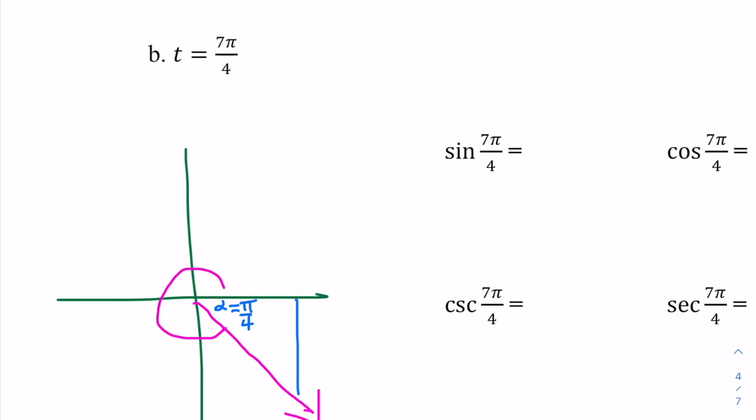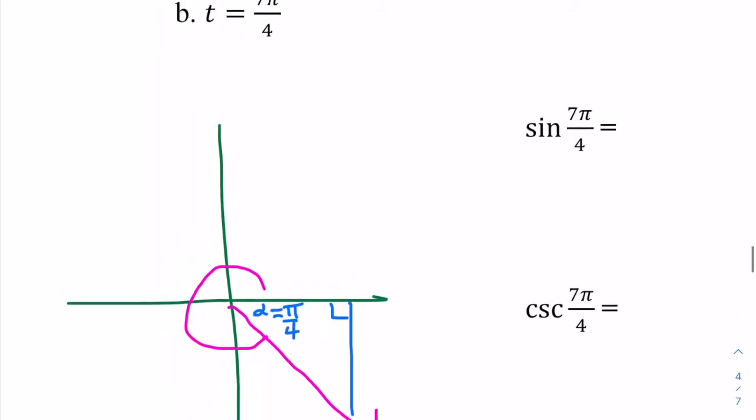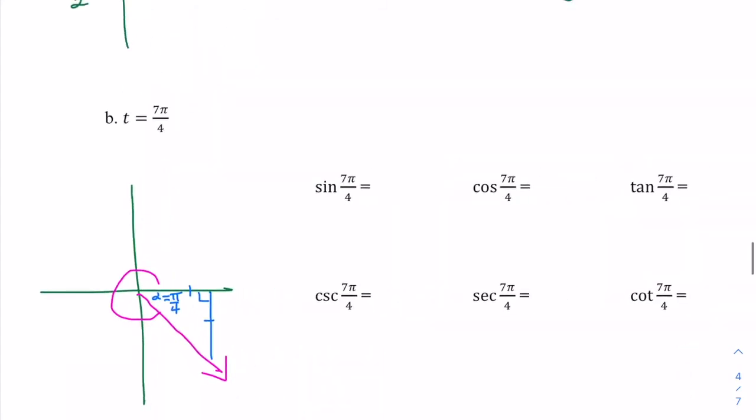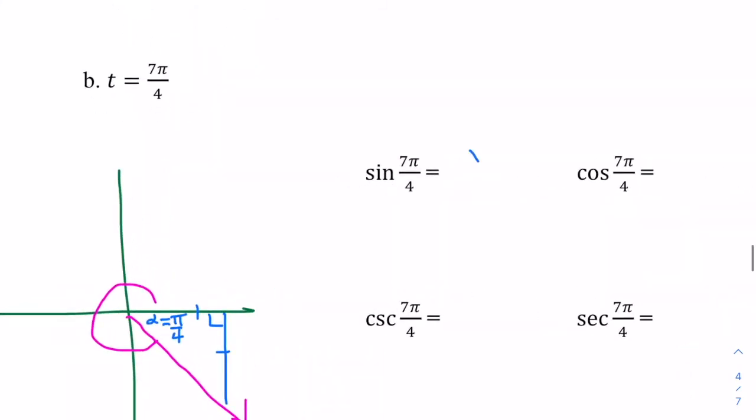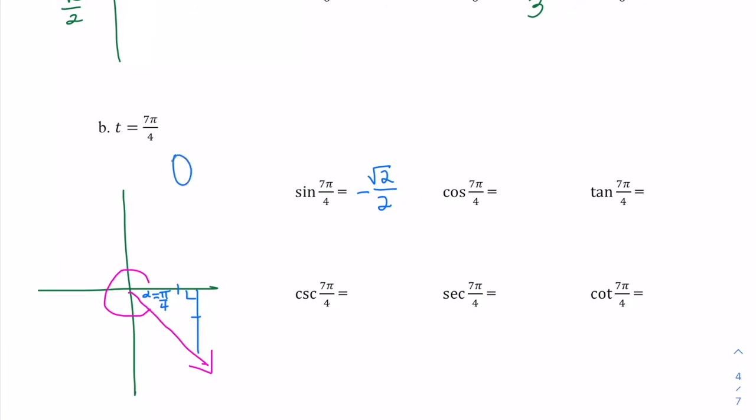So we know that the ratios here are all going to be the same, right? So you could use 1, 1, root 2, or you could use root 2 over 2. So this will be root 2 over 2, but it's negative because it's in the 4th quadrant. And then we have positive root 2 over 2.